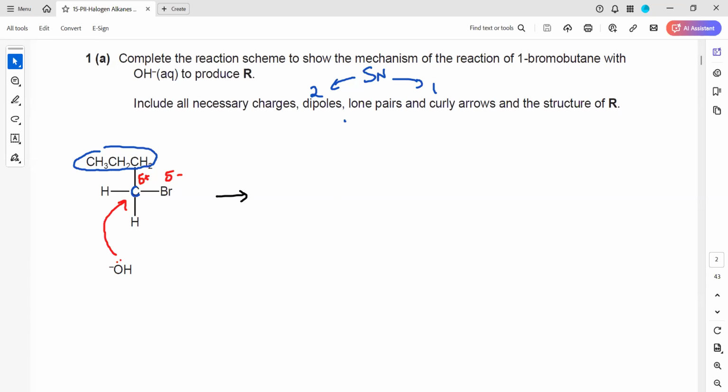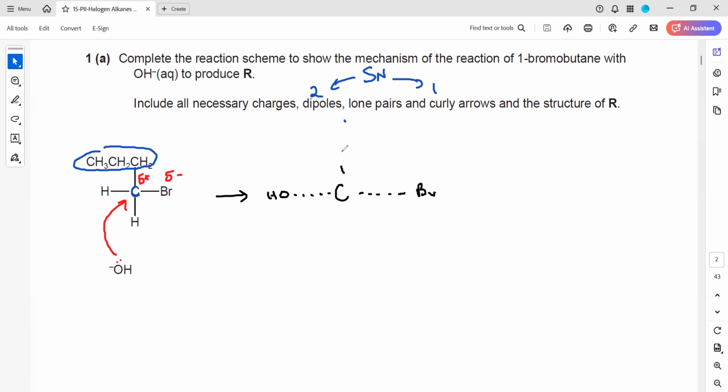On one side the bond will break and on the other side the bond will form. If you represent it, this is our central carbon, bromine is breaking the bond, and OH is forming the bond.